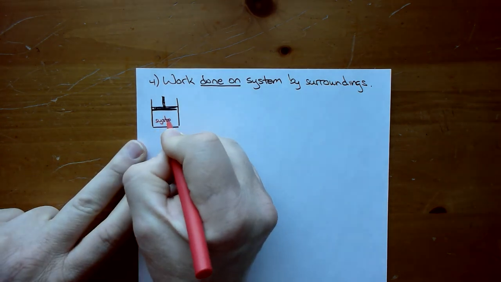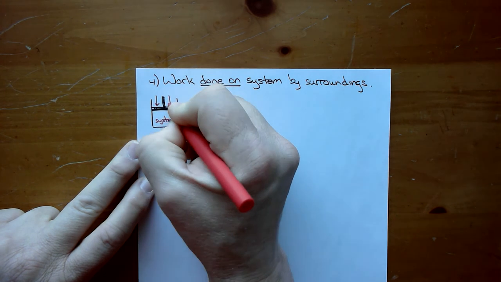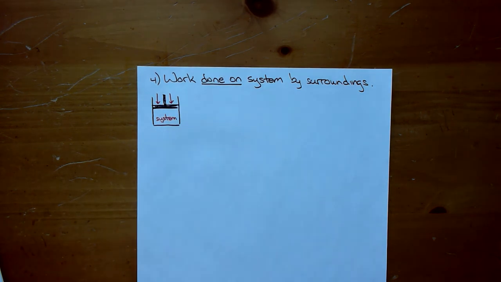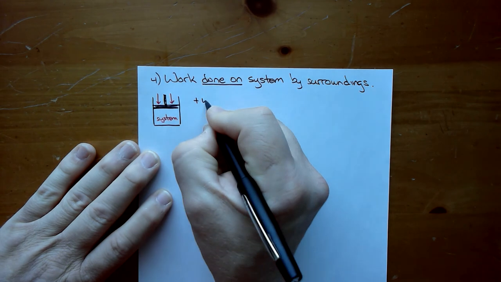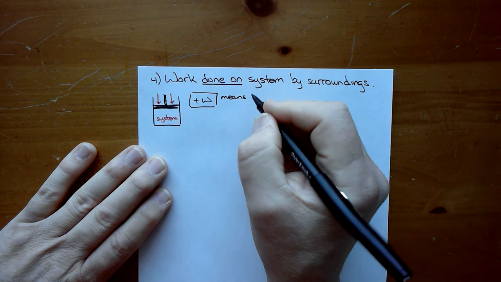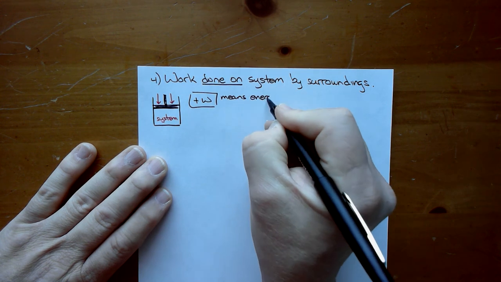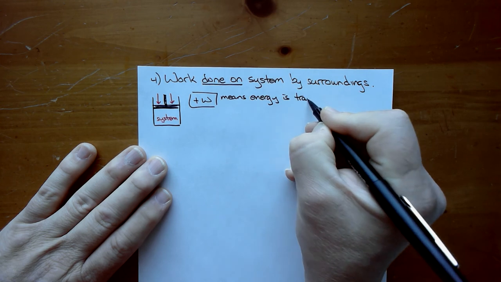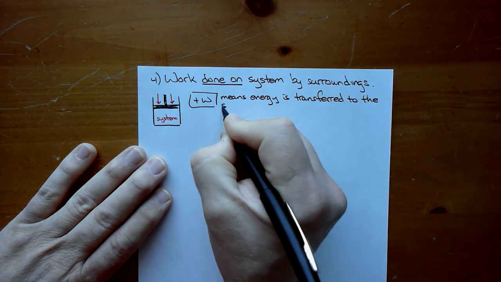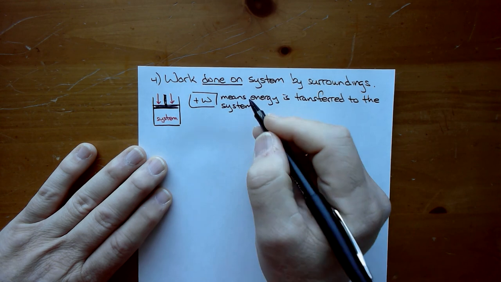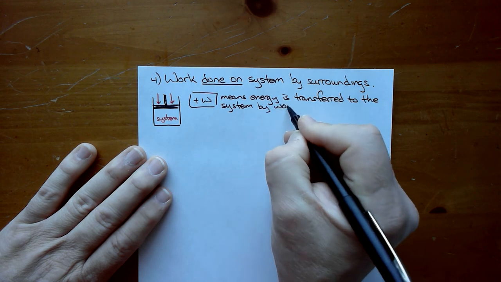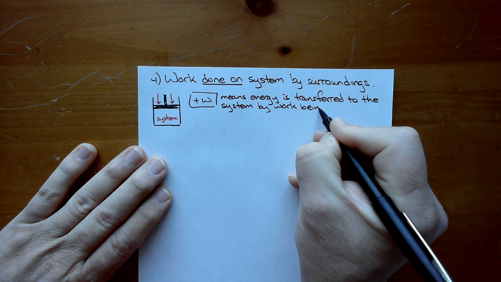And in this case, work is being done by the surroundings on the system, so the piston goes down, but it's the surroundings that are doing the work on the system, and so we get a positive W, meaning energy is transferred to the system by work being done on system, by work being done by surroundings.